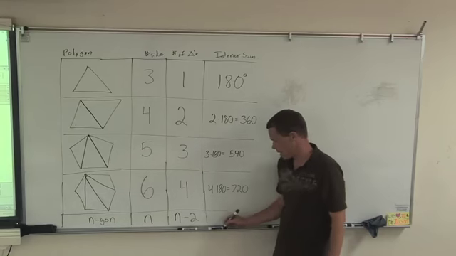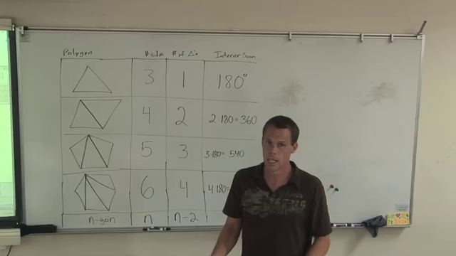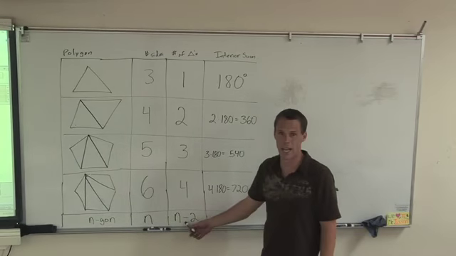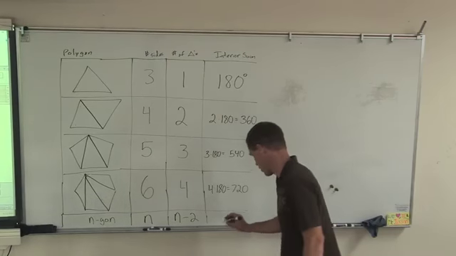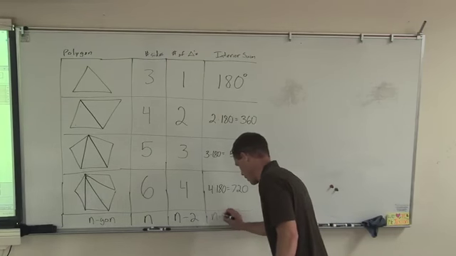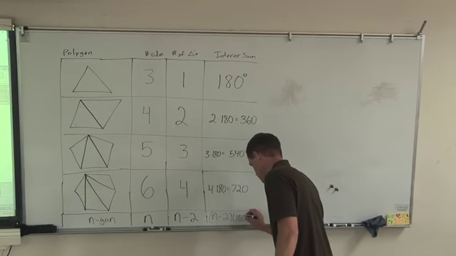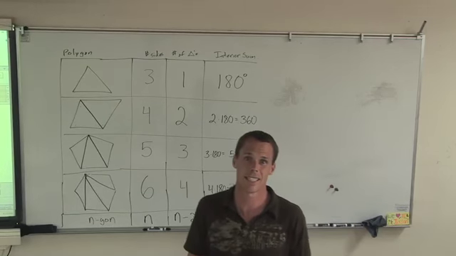The question then becomes, what fills in our final blank? What about the n-gon? Any number of sides. Well, there are n minus 2 triangles, and for every triangle there is 180 degrees. So n minus 2 times 180 degrees. I could use this if the polygon had 10 sides.